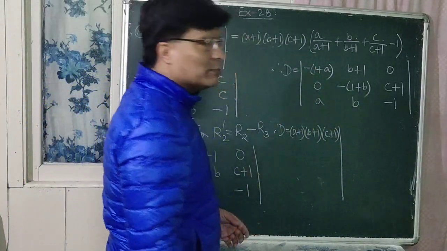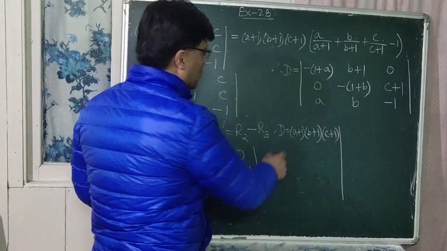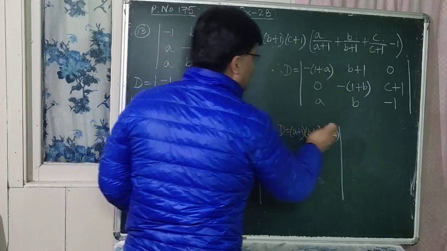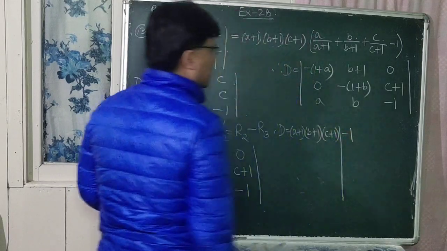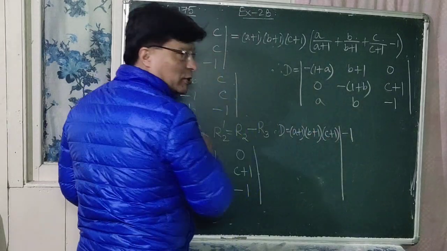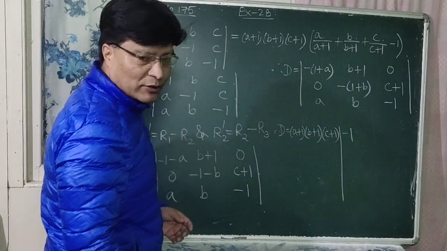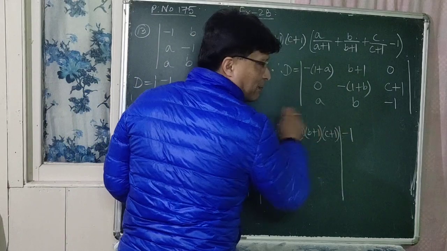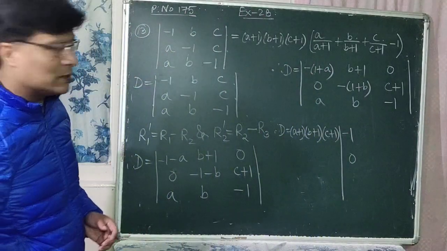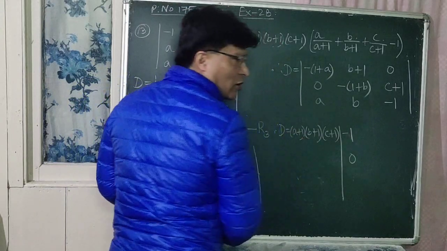Now this determinant becomes, this A plus 1 is taken common here. If A plus 1 is taken common out here, then it will be minus 1. But this is 0, 0 divided by A plus 1, because A plus 1 is taken common out here. So it will be 0 by A plus 1, and 0 by A plus 1 is always 0. Again, A plus 1 is taken common here.